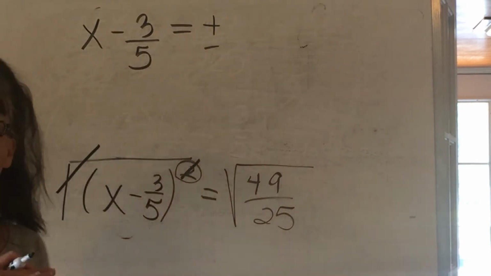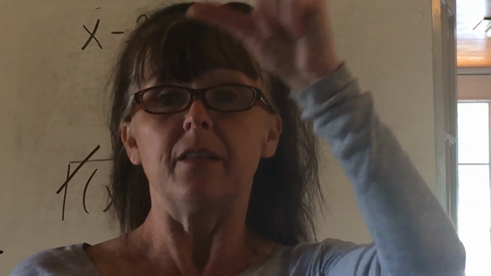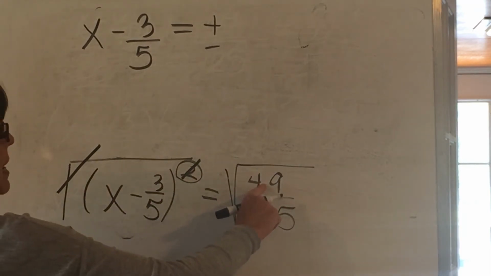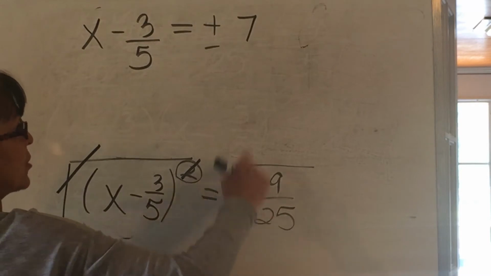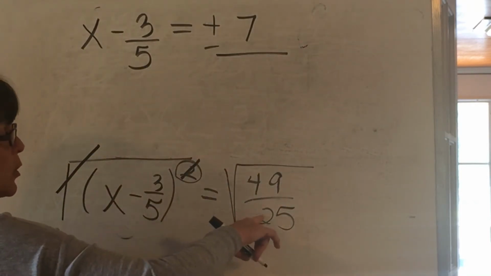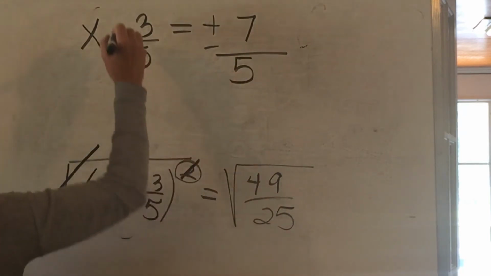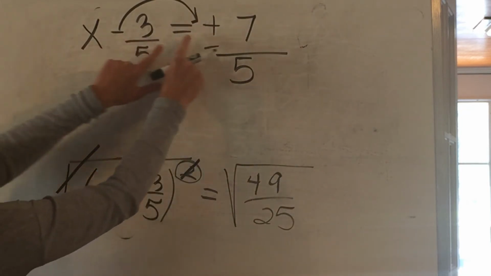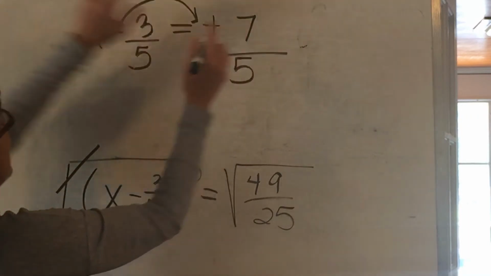And again, when you're doing a fraction, do the top number, numerator, then do the denominator. So the square root of 49 is 7. They have a fraction bar line. I have a fraction bar line. The square root of 25 is 5. And the last step is to move your number over. Fractions add with other fractions.